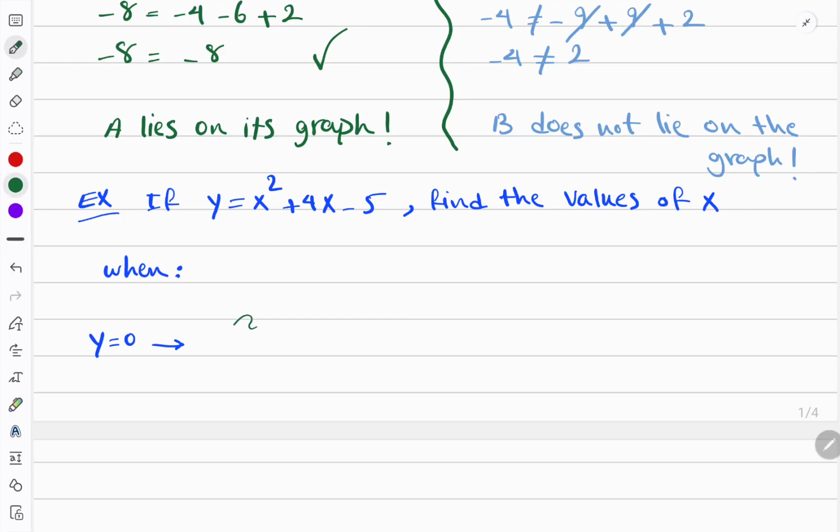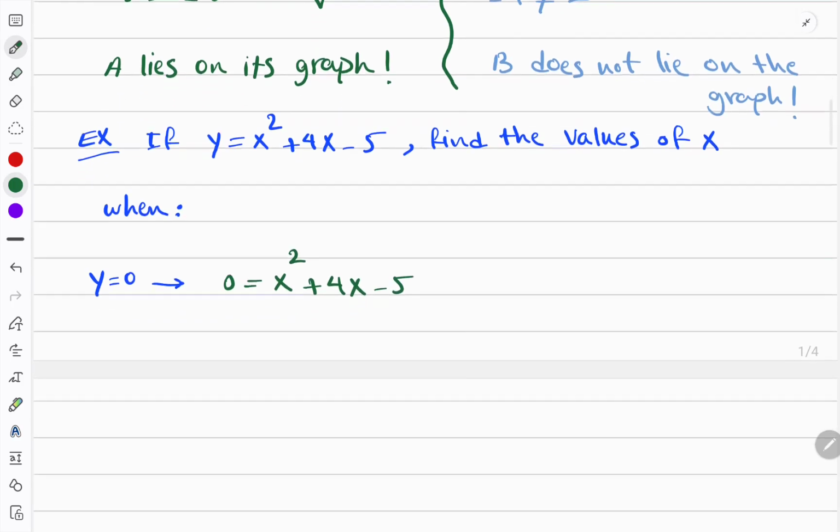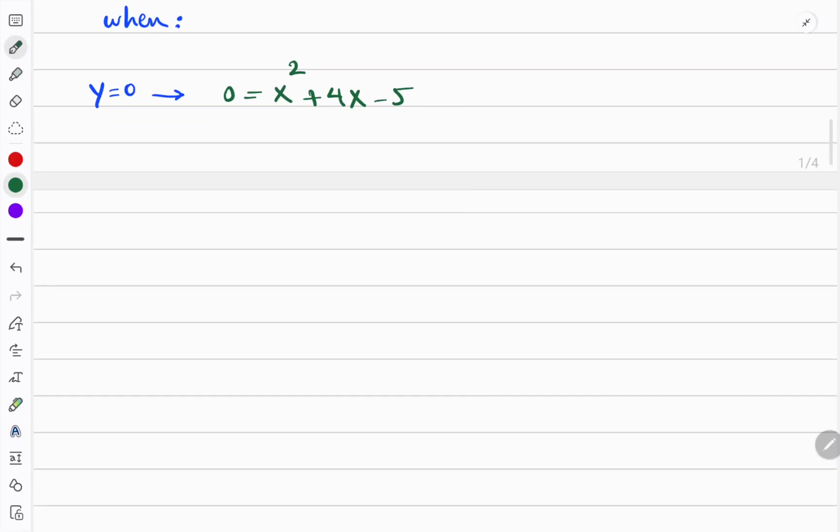So 0 equals x squared plus 4x minus 5. So we have a quadratic equation, and there are different strategies to solve for x, but one thing that I really like is using the sum and product rule, because we have +4, which is the sum of two numbers, and -5, which is the product of these two numbers.